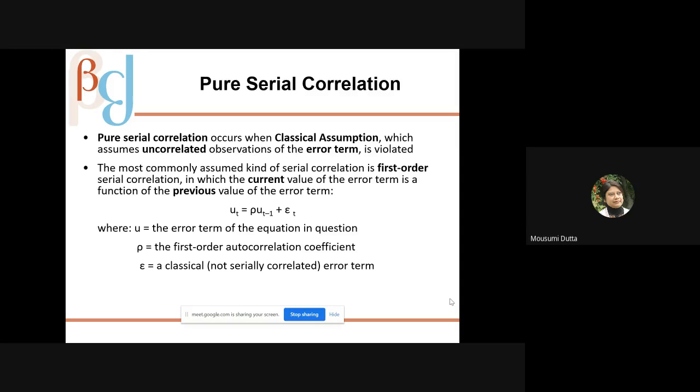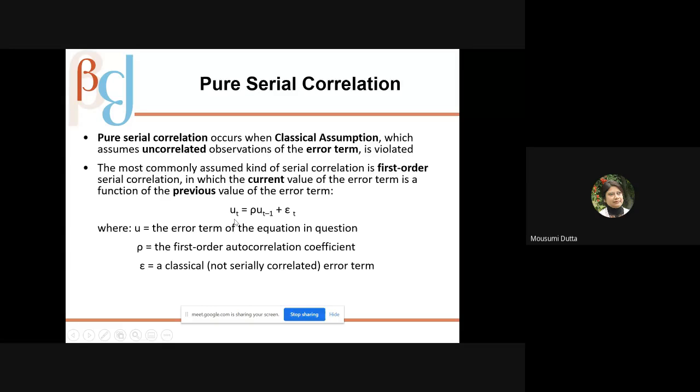There are two sources of serial correlation or autocorrelation. If your error breaks the classical assumption and follows a particular pathway, in that case there is pure serial correlation.